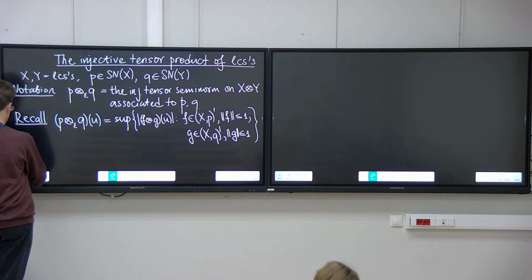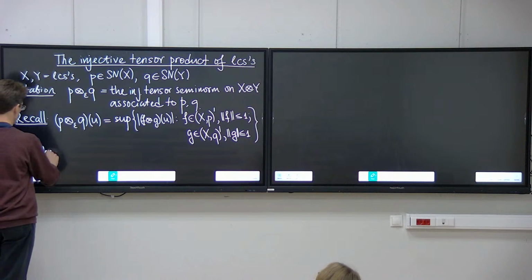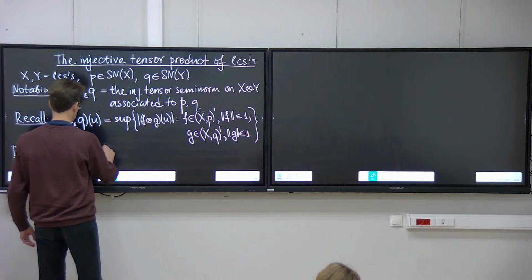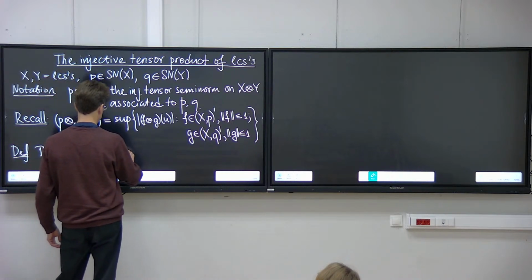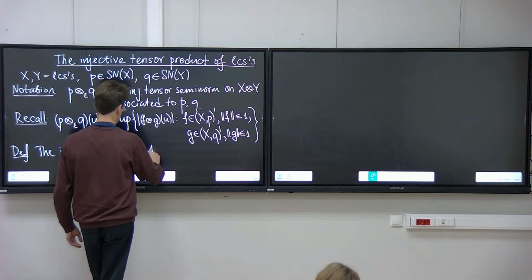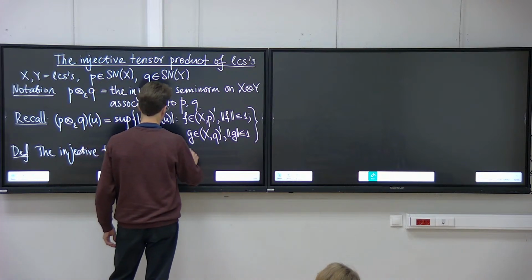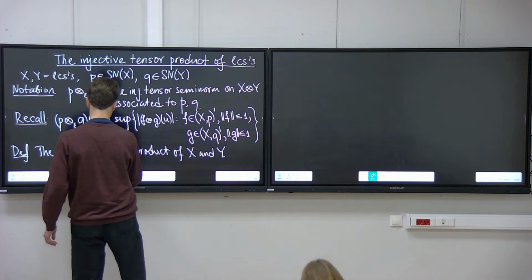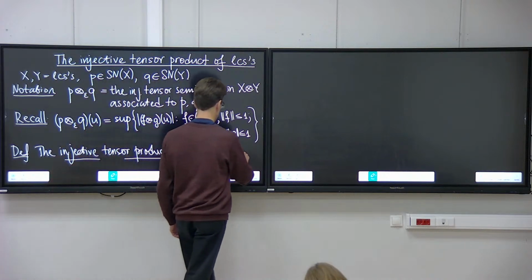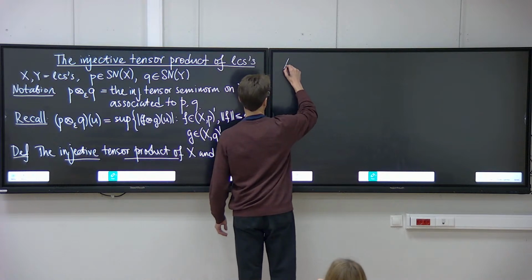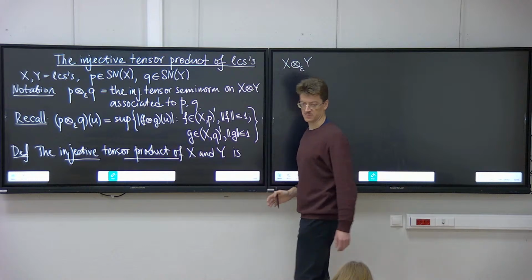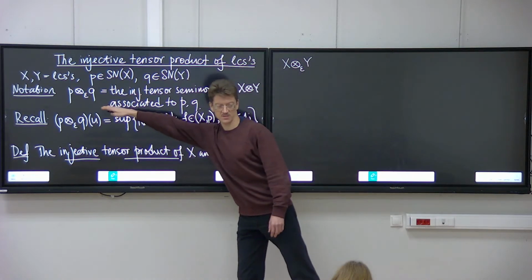Now we define the injective tensor product of X and Y to be the algebraic tensor product equipped with the locally convex topology generated by all seminorms of this form.